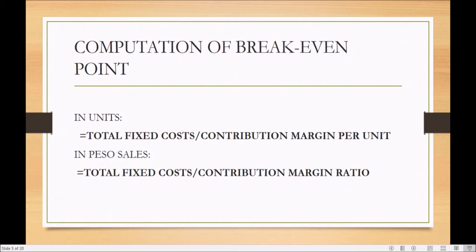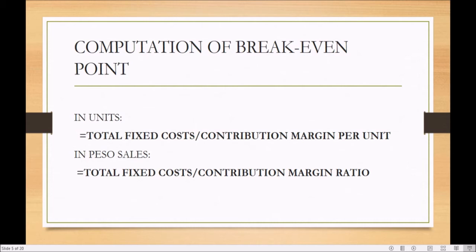But if we are going to compute the peso sales, because we want it to squeeze papunta sa sales, remember, sales is at 100%. If the contribution margin ratio is at 20%, we need to expect that the total fixed cost is at 20% as well.